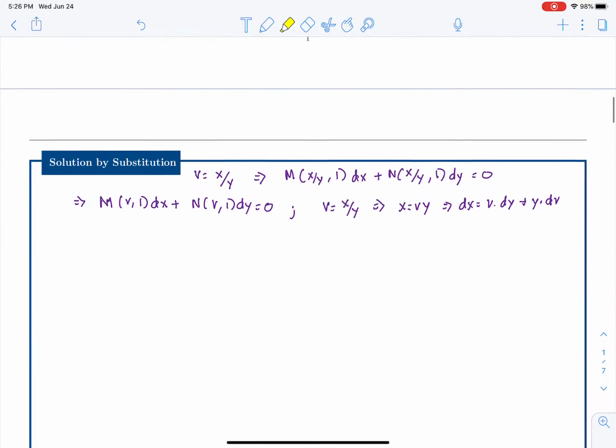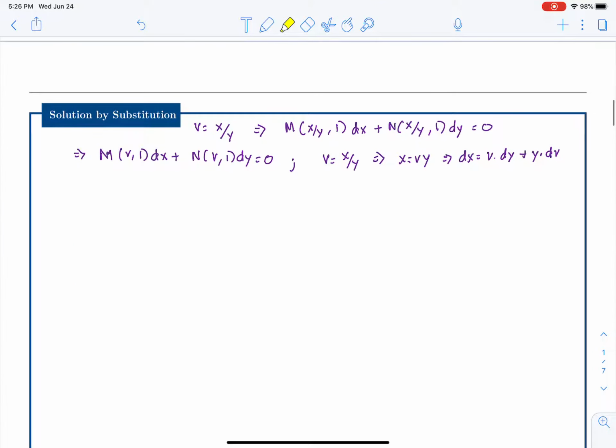So if we look at this equation, I have M(v, 1) dx plus N(v, 1) dy equals 0, and I could plug what I have derived here in the equation.